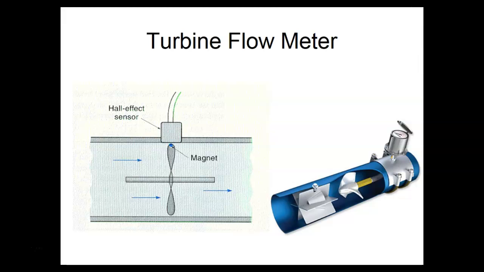So the flow comes in, strikes the turbine, and the turbine spins. The rate of spin is directly proportional to the rate of speed. This has the magnet right here, and this shows the Hall effect sensor, so it works similar to the other one. The difference is that the paddle wheel is perpendicular, and the turbine is parallel, or in line with the flow.